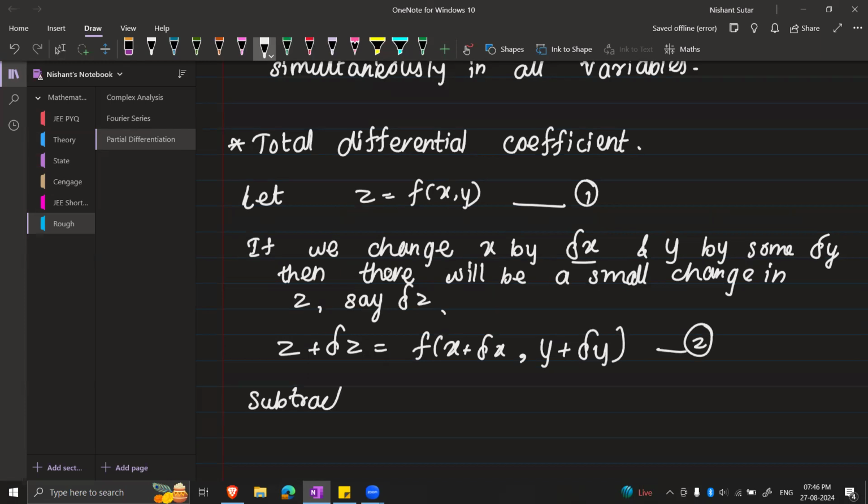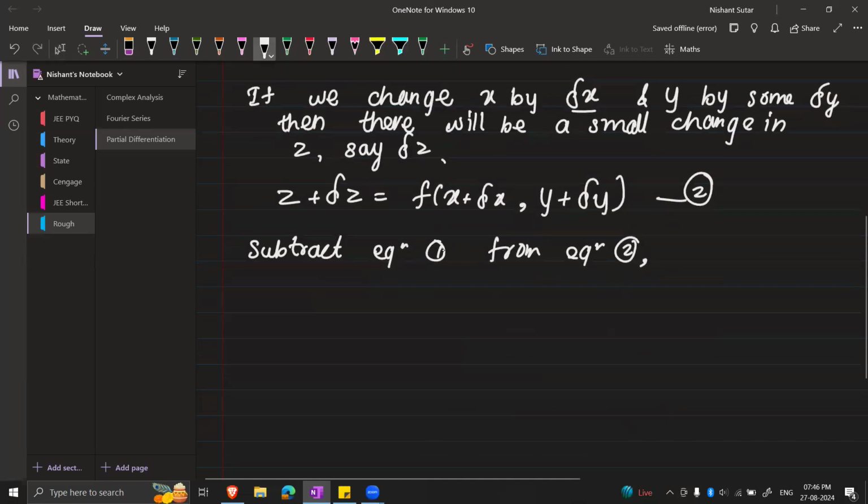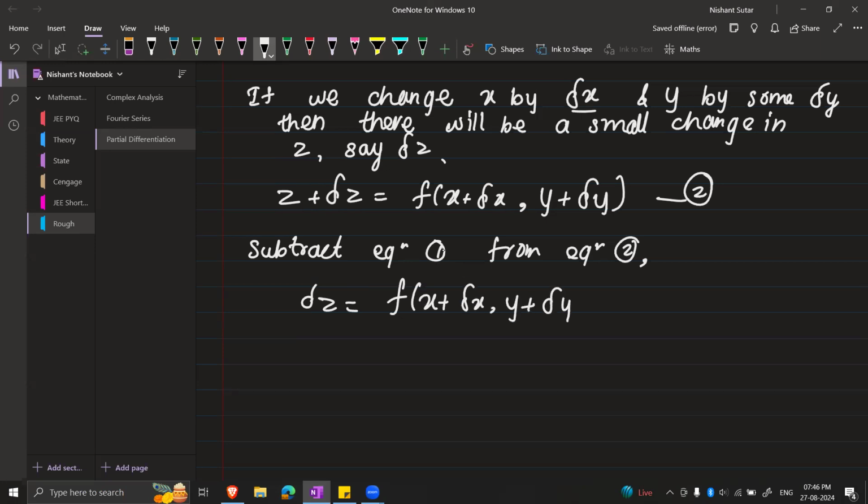If we subtract equation 1 from equation 2, we get delta z as f of x plus delta x, y plus delta y, minus f of x, y.